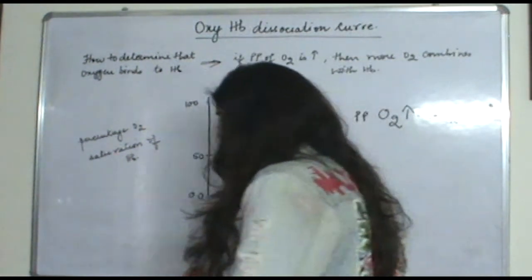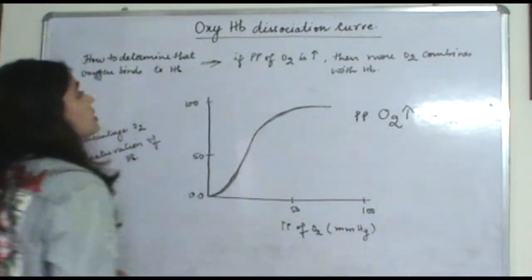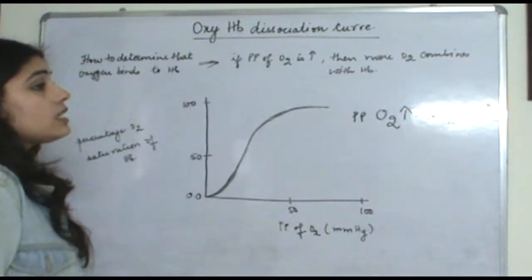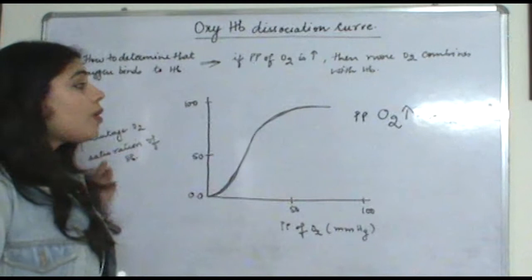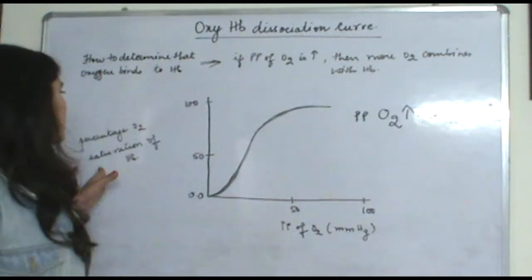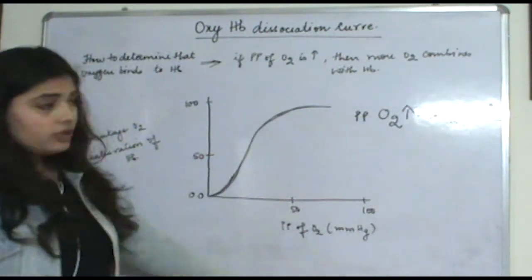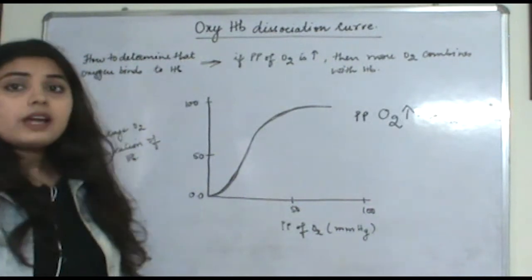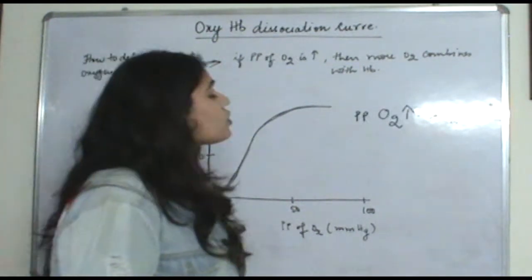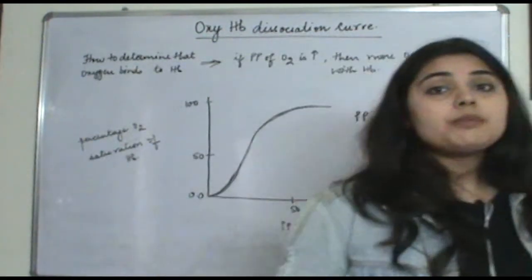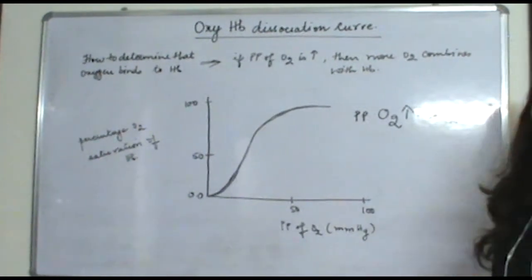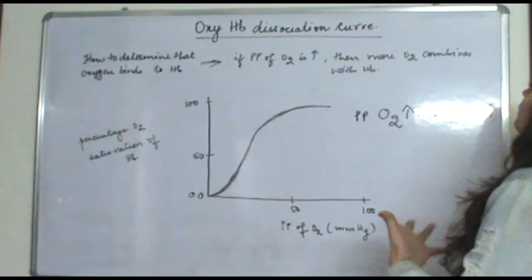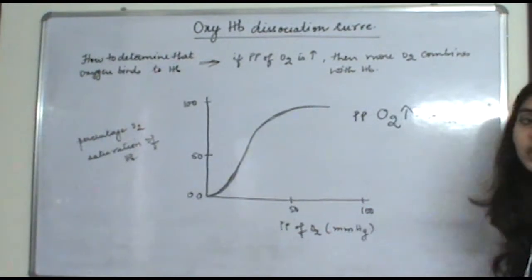So basically this is a dissociation curve formed by the dissociation of hemoglobin and oxygen. It says that when the partial pressure of oxygen is high, the major amount of hemoglobin has to be combined at that point of time.